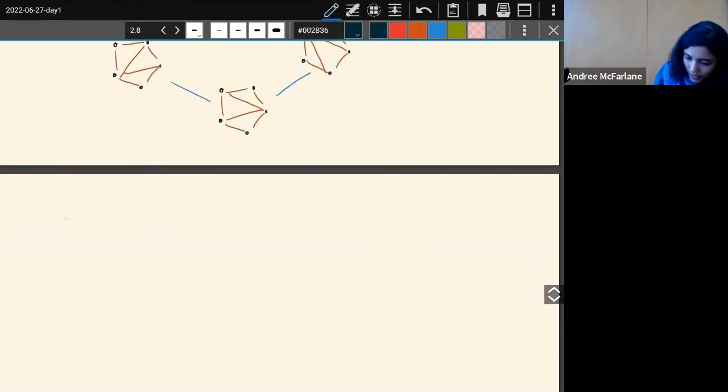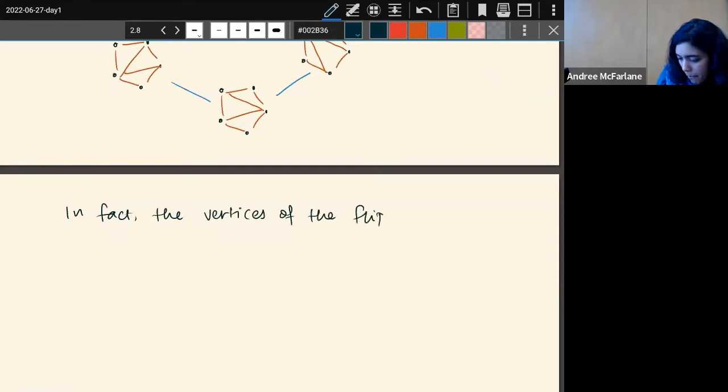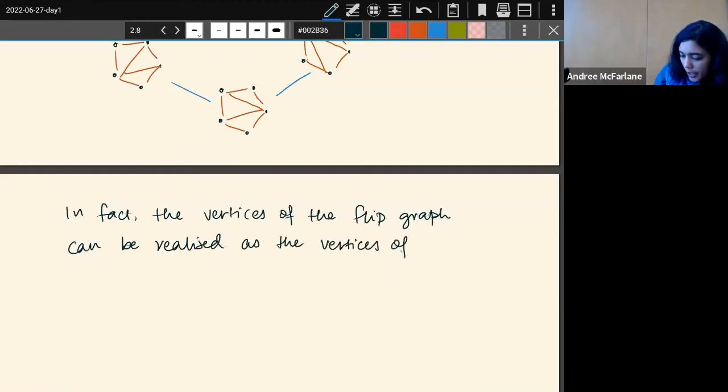In fact, the vertices of the flip graph can be realized as the vertices of a polytope called the associahedron.